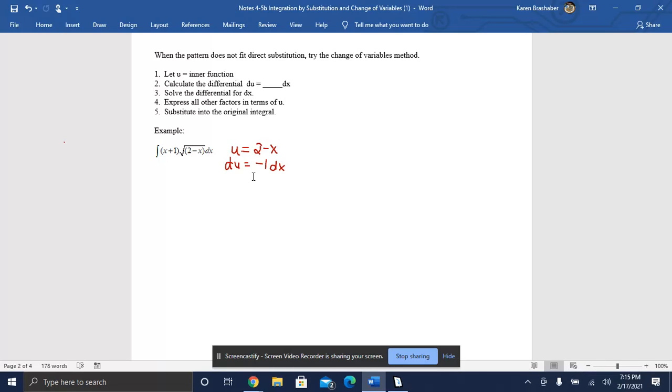So for change of variables, what you will do then is you're going to solve for x for this first part. So we're going to solve for x. So we could add x to one side and subtract 2, and we'd have x equals 2 minus u.